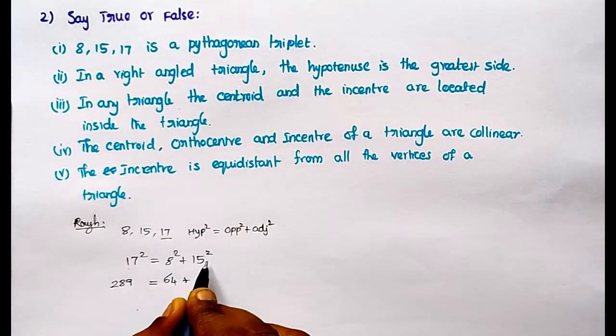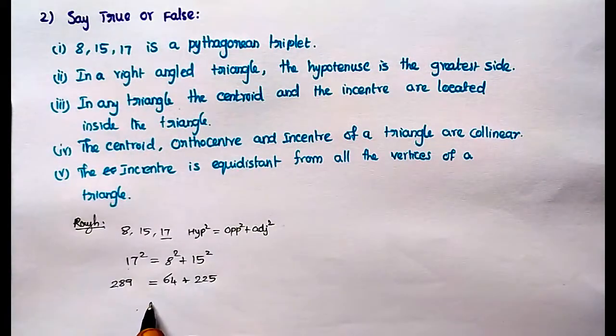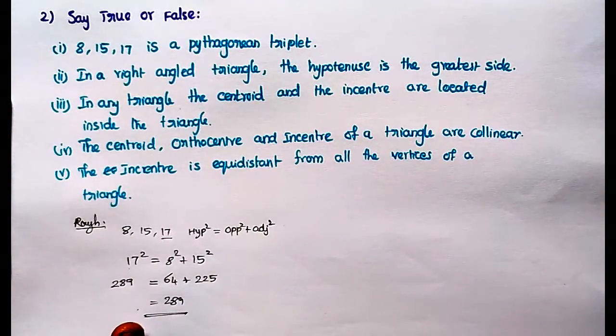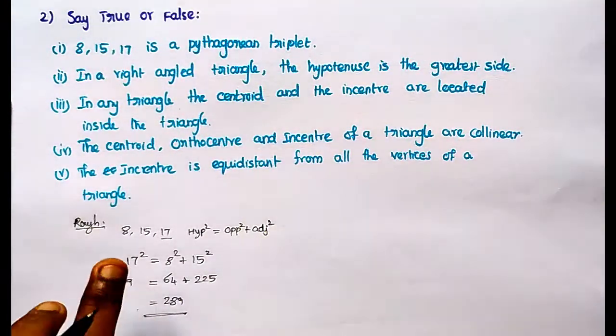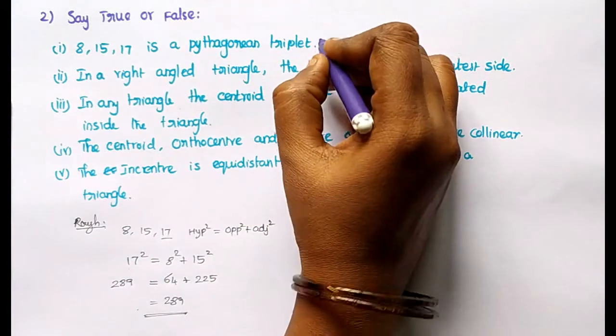Plus 15 squared, 15 into 15, 225. Add this one, we get the same answer, 289. So it satisfies the Pythagoras theorem. So the numbers are called Pythagorean triplets. That is a true statement.